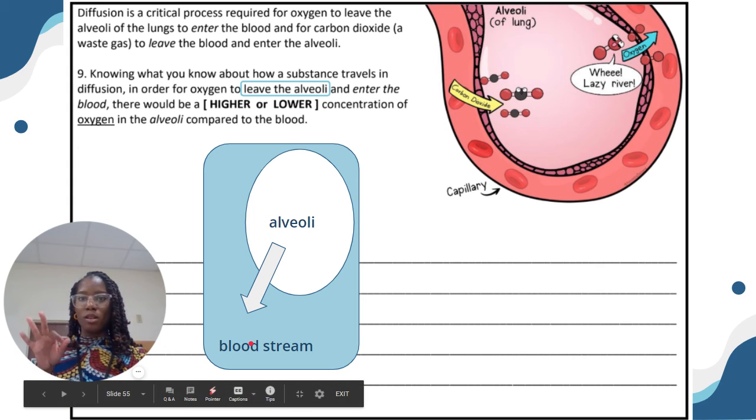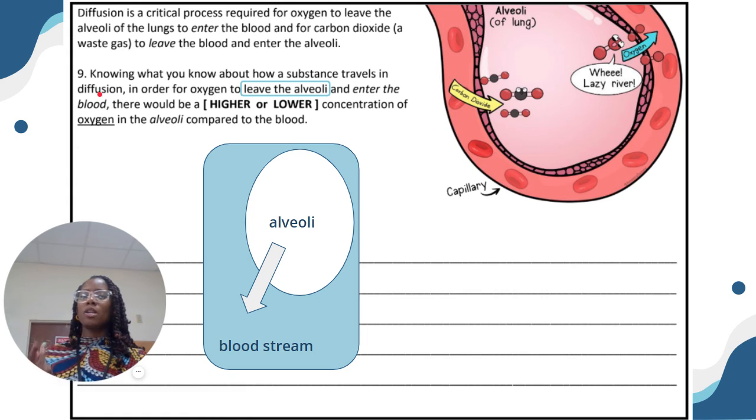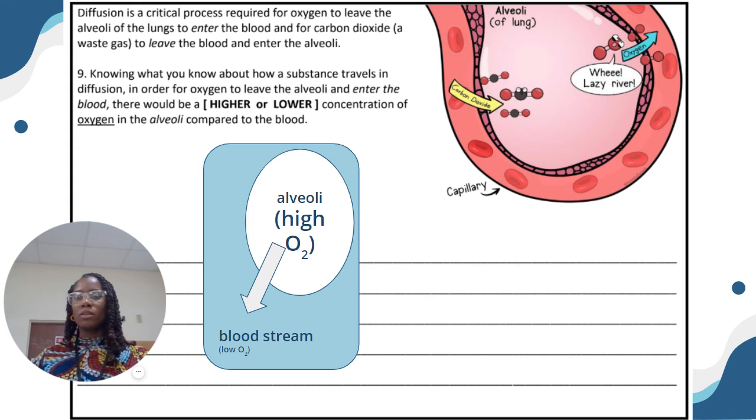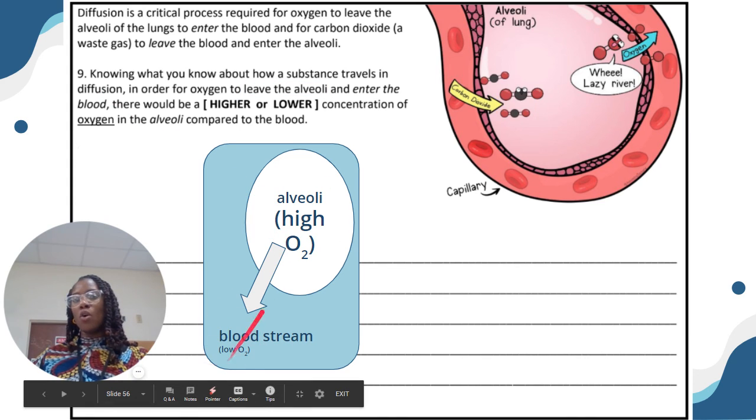You with me? Good. So something is going from here to here, and it's diffusion. Where would the concentration be higher at? Well, the alveoli must be high, and the bloodstream must be low if I'm going in this direction, and it told me that it's diffusion.